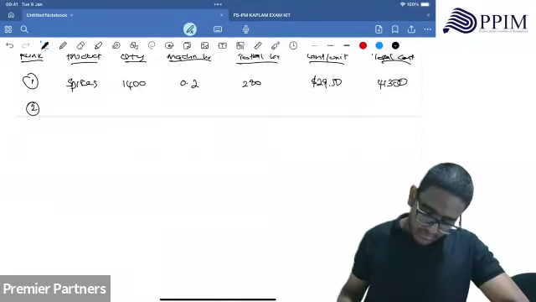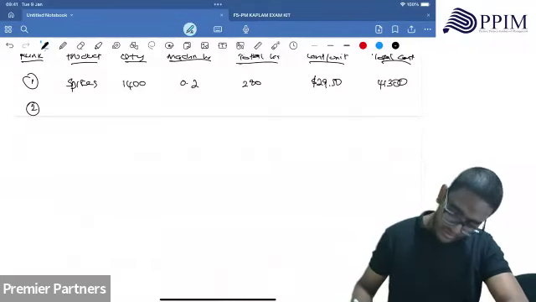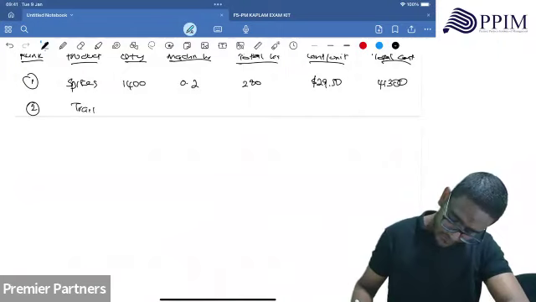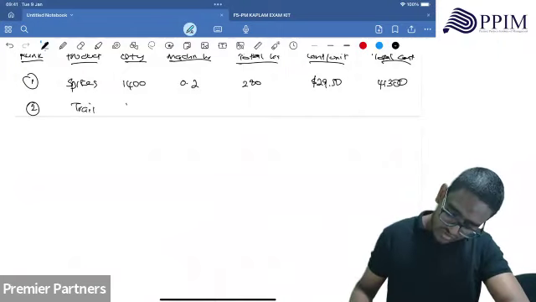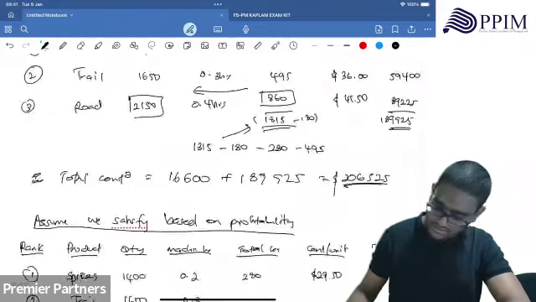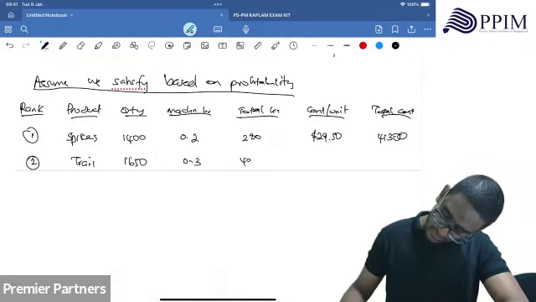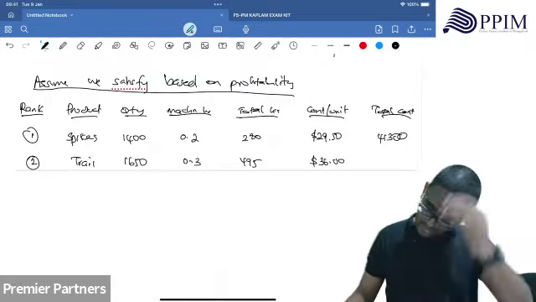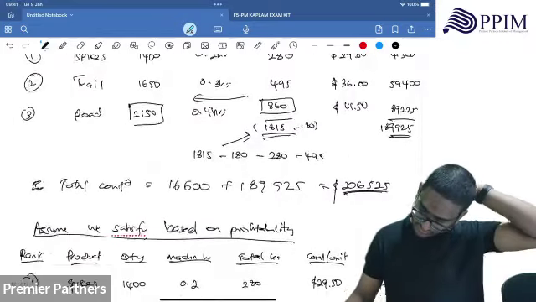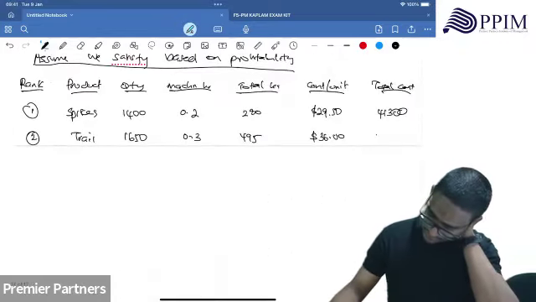Then rank number two, what did you have? You had trail. You had 1,650 shoes of trail to sell, each taking 0.3 hours. The 0.3, that was 495. Giving you a contribution of 36. A total contribution of 59,400.